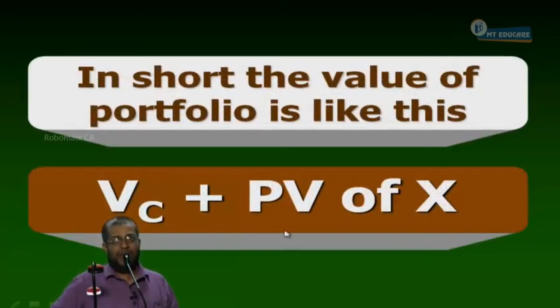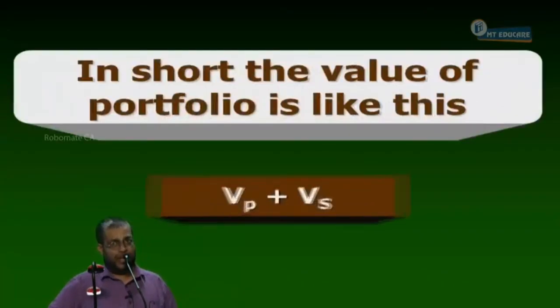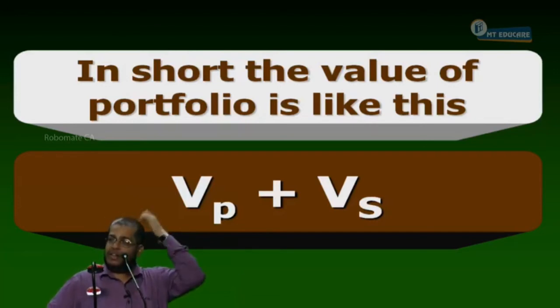VC plus PV of X. Now the call value is its price and the deposit value is PV of X. Second branch, the value of this portfolio today is VP plus VS. Everybody understood or not?